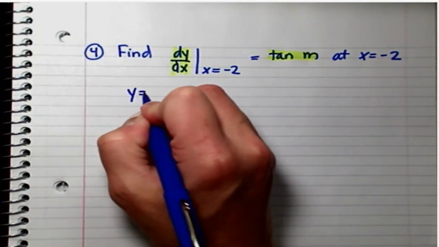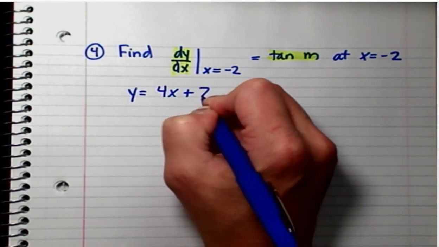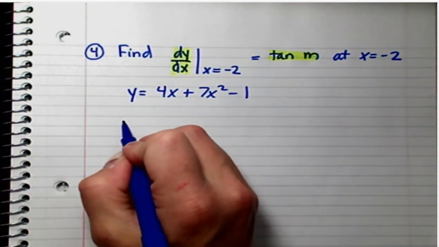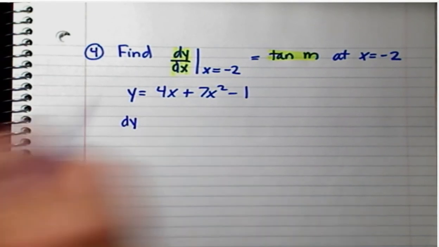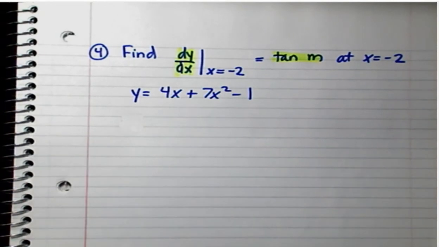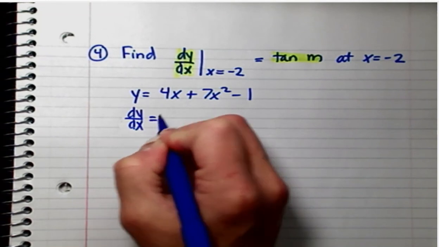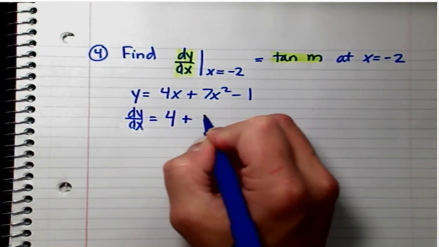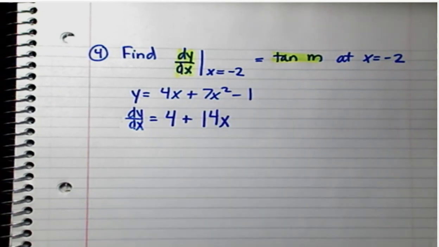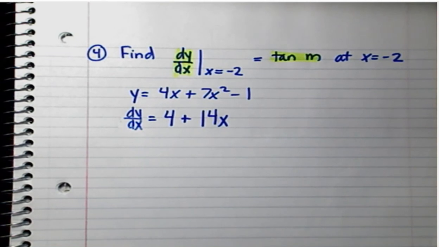All right, y equals 4x plus 7x squared minus 1. Okay, dy/dx. Notice it's not in function notation, right? So dy/dx is 4 plus 14x, and the number has no x's, so it decreases to 0.